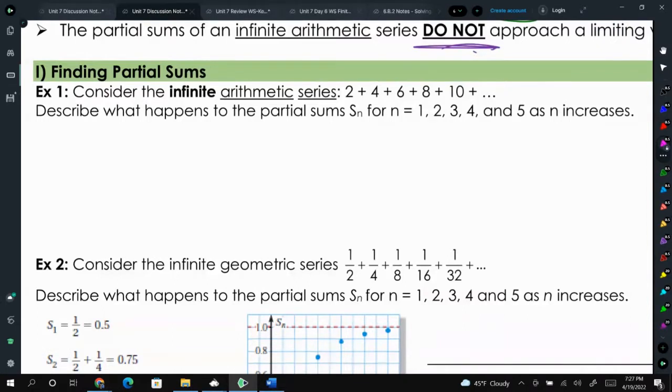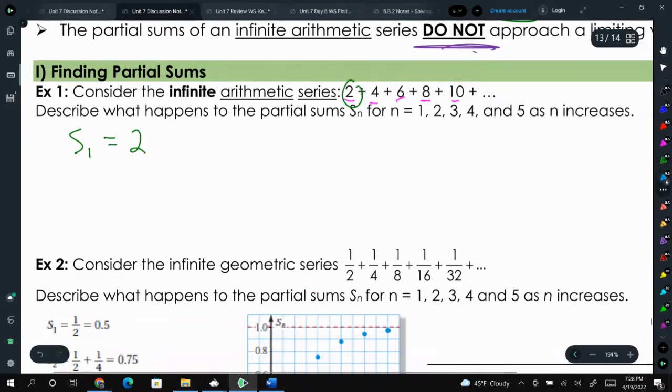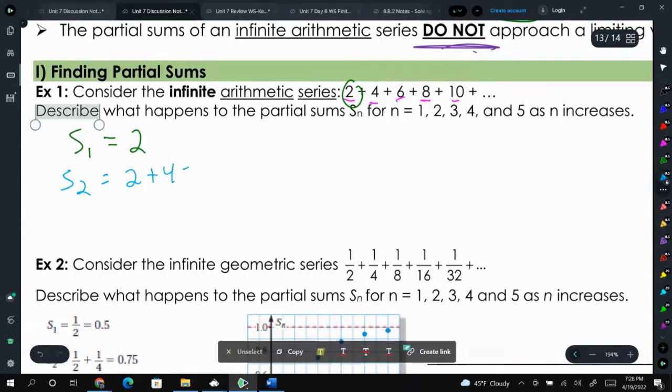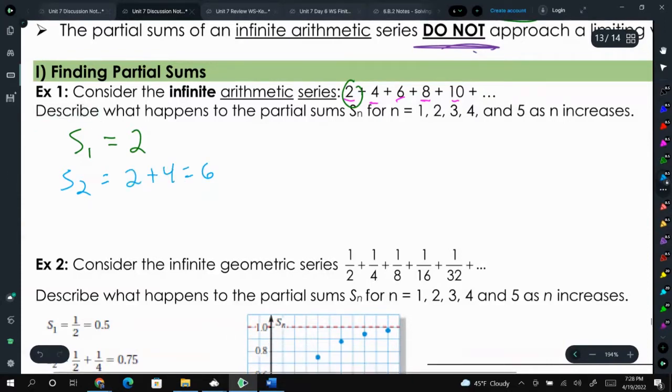Consider the infinite arithmetic series 2, 4, 6, 8, 10, and so on. Describe what happens to the partial sums S of n if n is 1, 2, 3, 4, and 5 as it increases. S of 1 would just be the sum of the first term, or 2. S of 2 would be the sum of the first two terms, 2 plus 4, which is 6.